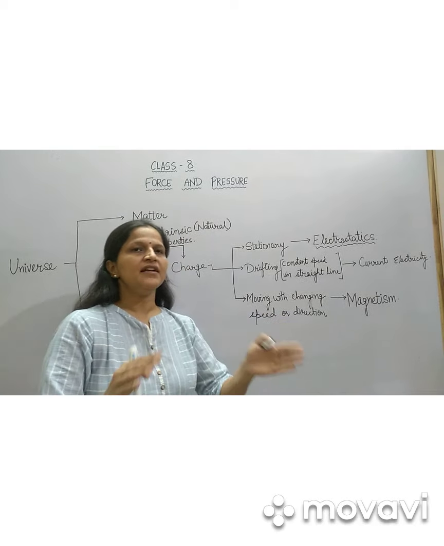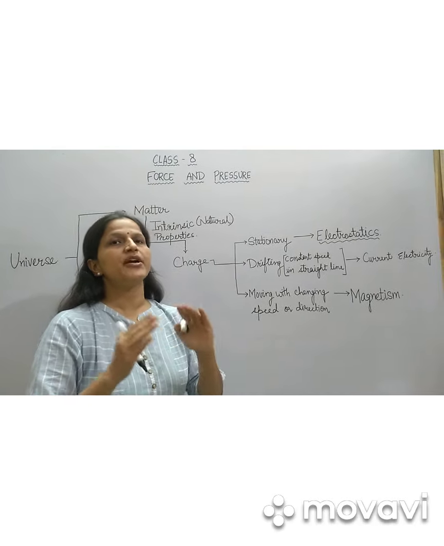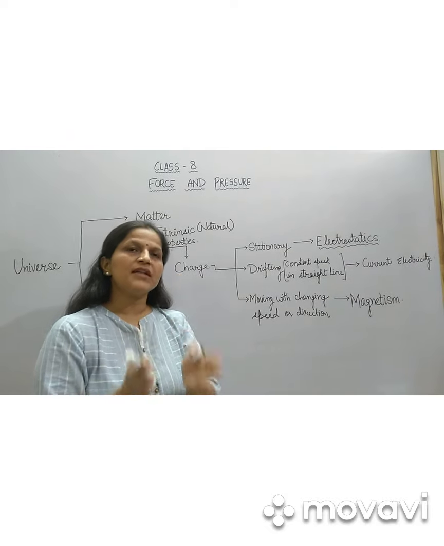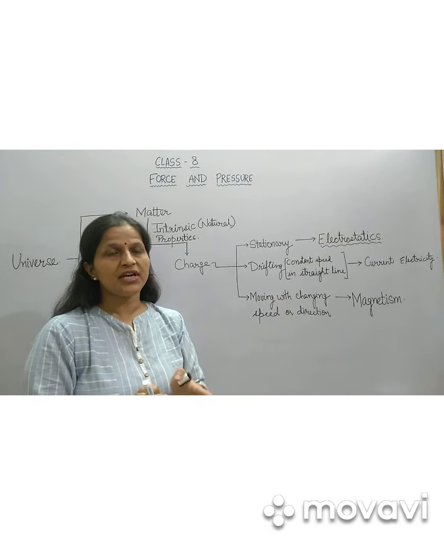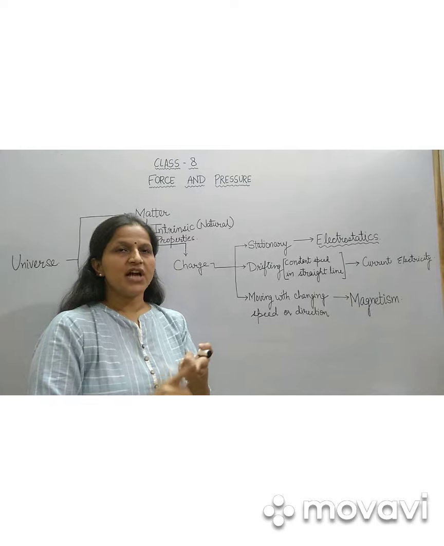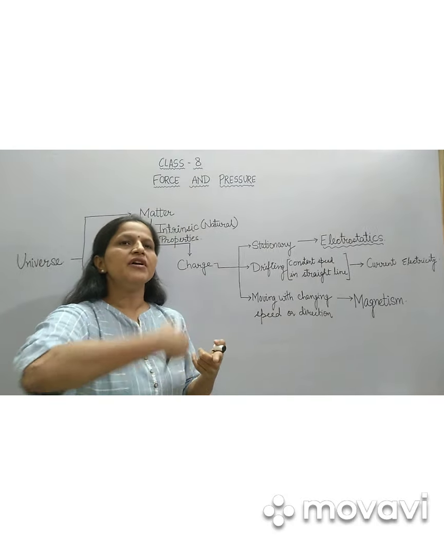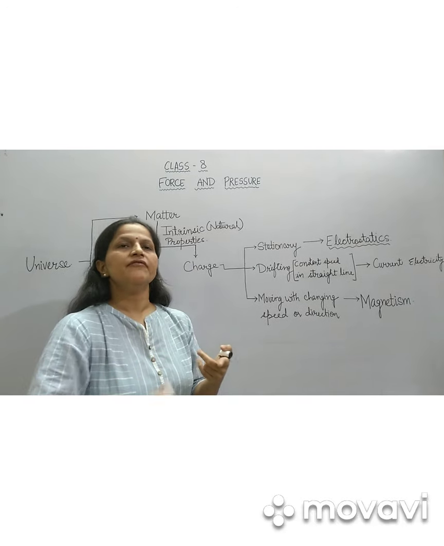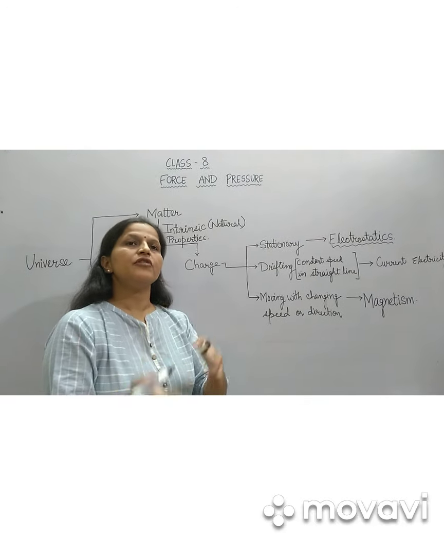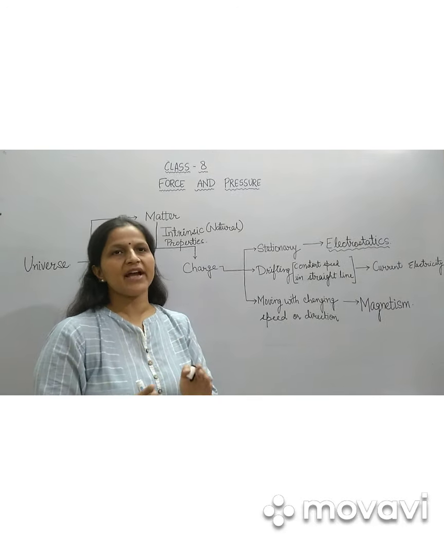We have seen that there are magnets which have different poles, but all the magnets are made up of matter only, and all the charges present in the matter, when they move with non-uniform speed or non-uniform direction, make magnetism.